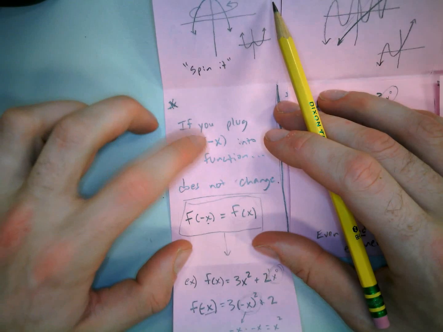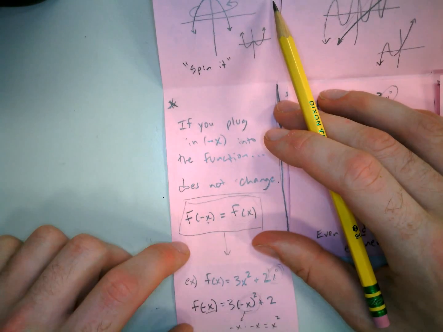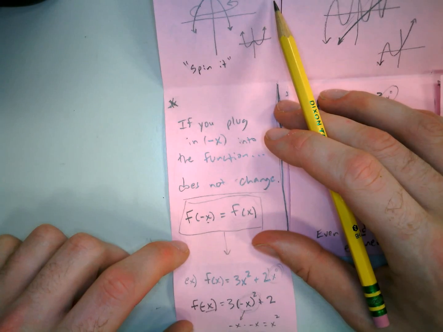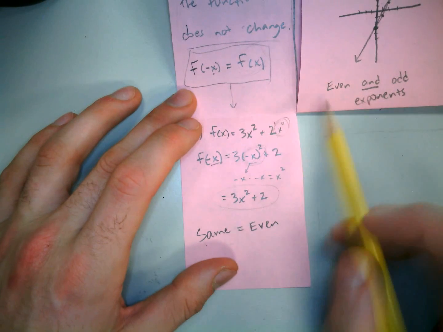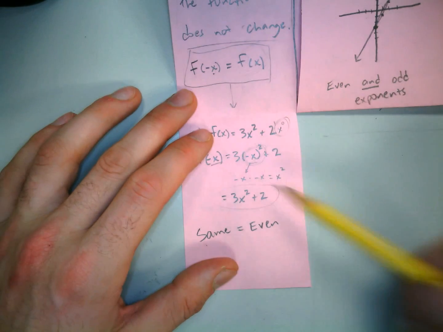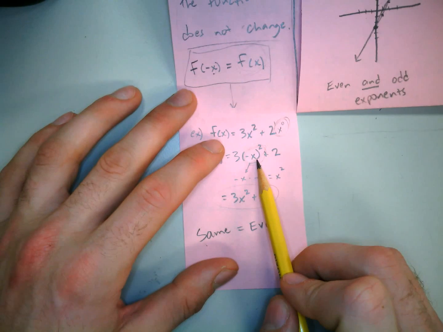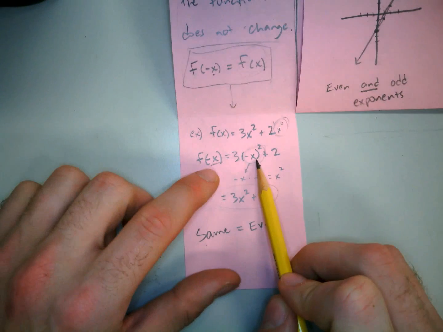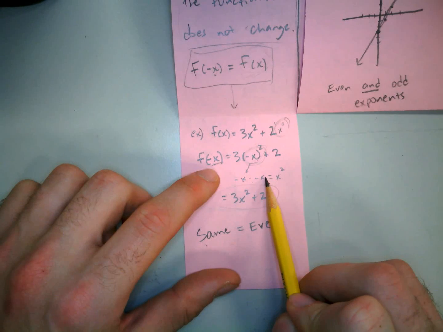If you plug in a negative x and the function doesn't change, that means it's even. For example, take something like this, 3x squared plus 2. It'd be a parabola, we could graph it. Look, it has only even exponents, that's great. It's even, but let's prove it by plugging in a negative x, which means you also plug in a negative x here. Now, negative x squared means negative x times negative x.